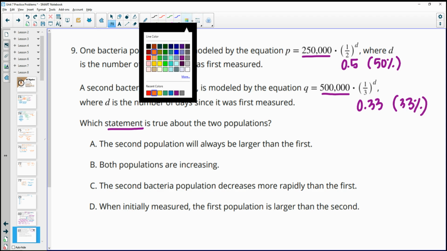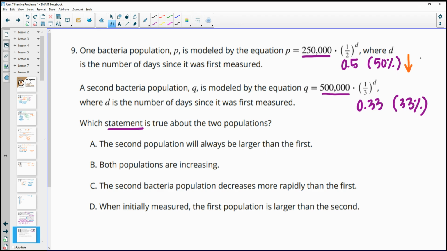So that means that this one is losing 67% of its population after each day. So that means that this one is decaying faster than the first one. So that means it's going to cross over it and dip below it at some point, because it's decreasing quicker than the first one. So this is false.